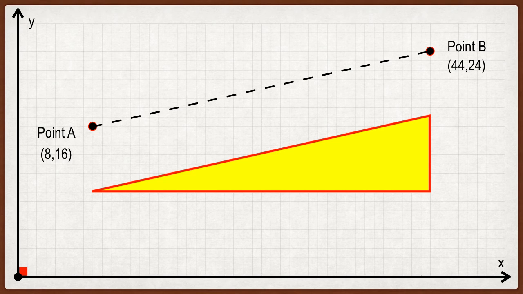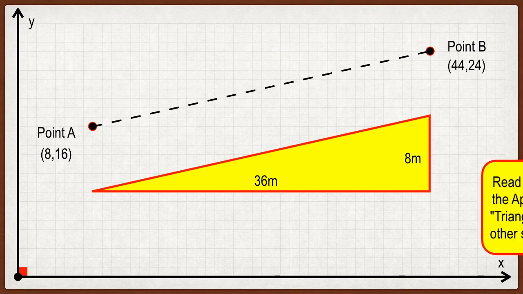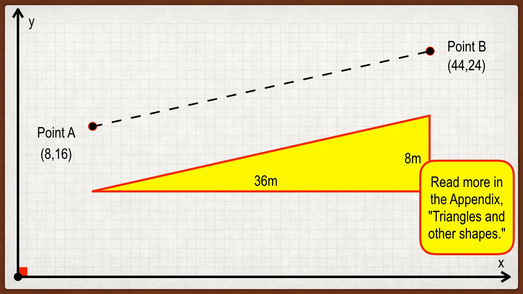Yeah, that's right, 8. It's 24 minus 16. So go ahead and label that. If you want to read more about triangles and other shapes, like ellipses, we'll talk about those occasionally. I'll point you to the appendix, triangles and other shapes. But yeah, this one's 36 meters by 8 meters.